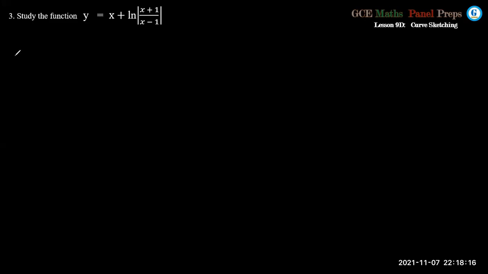So what is the domain? All real numbers except 1. Now there are two parts of this function. Look at this part. If you consider only this part, the domain is the set of all real numbers. So this part is not our problem. The problem is the second part.